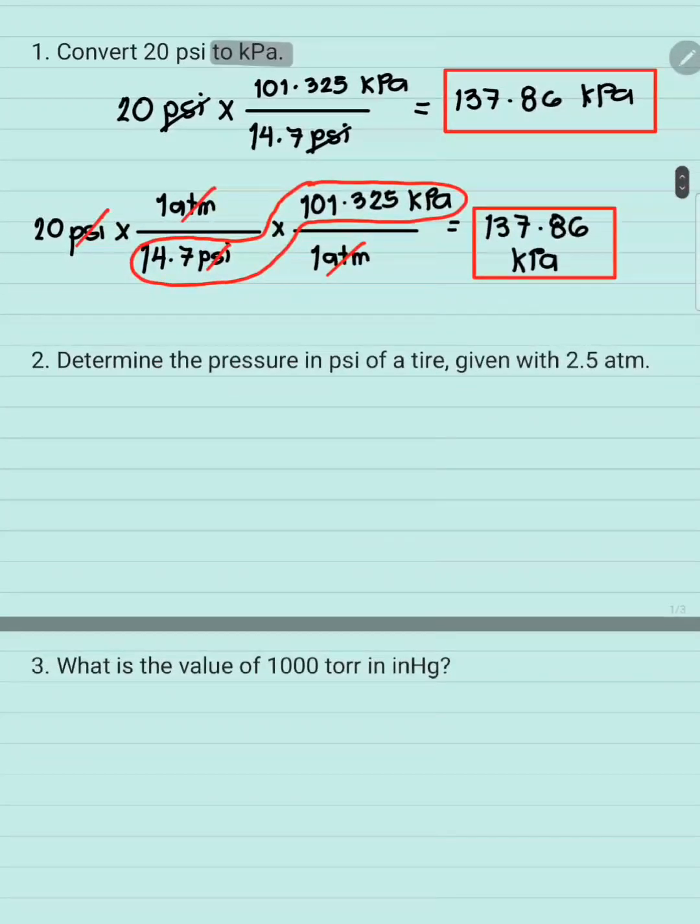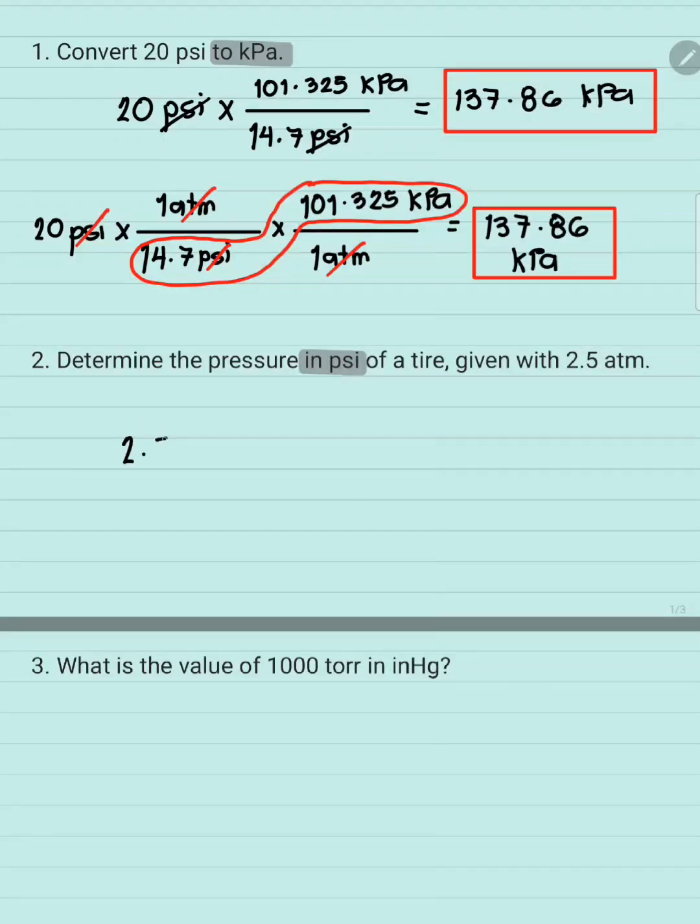Next, let's solve problem number 2. Determine the pressure in psi of a tire given 2.5 atmosphere. We are given 2.5 atmosphere, and we will get it in psi.